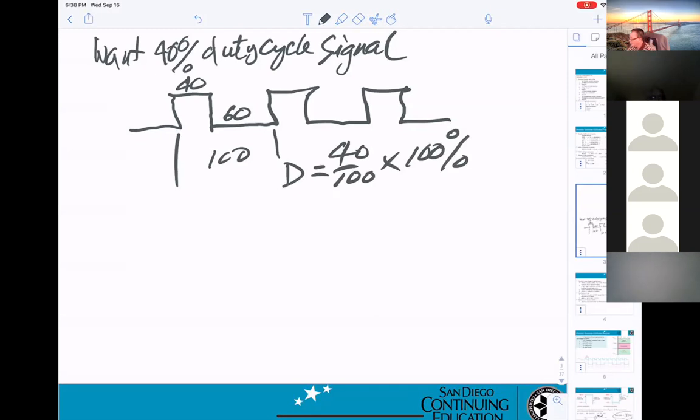Normally in the class, you can see the signal will be this way. How many percent? All the time, 50%. 50-50.